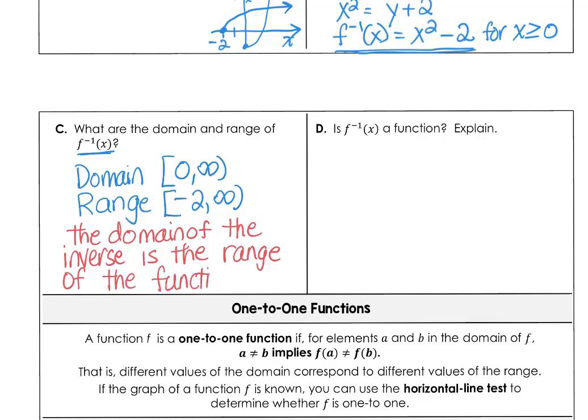They flip-flop. If we interchanged x and y, then we need to interchange the domain and the range. And f inverse will be a function. This is our explanation.